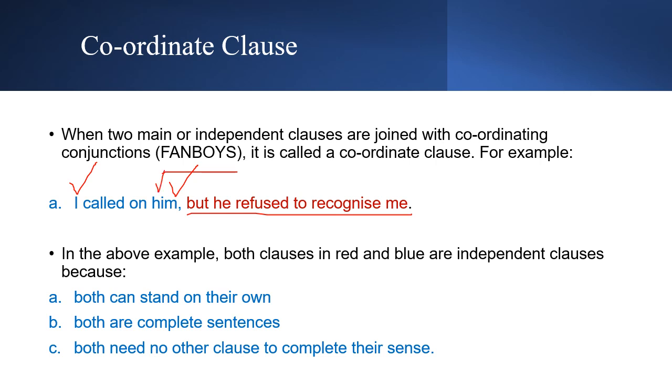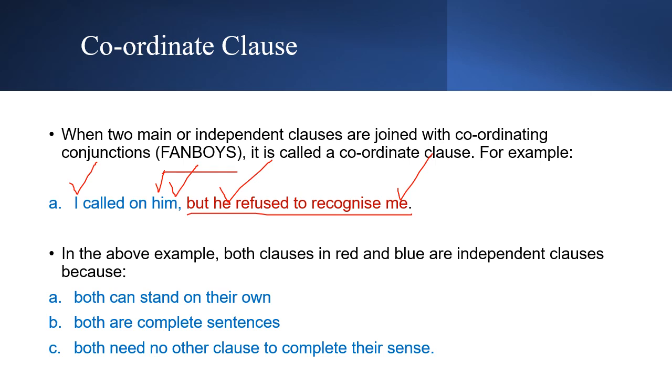If you look very deeply, I called on him is said in a specific context, and the speaker and listener both understand who called whom. In the same way, we have pronouns here, but he refused to recognize me. He refused to recognize me, or but he refused to recognize me, is a complete sense. We don't need anything else.